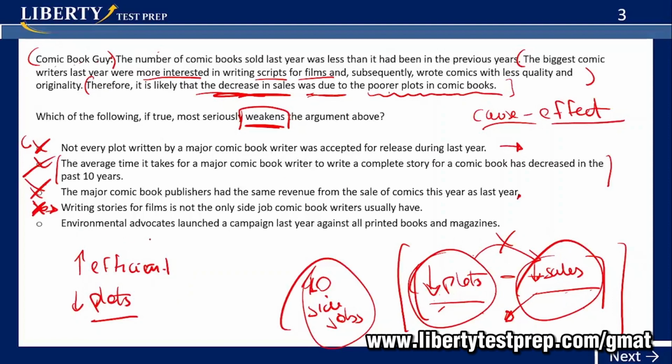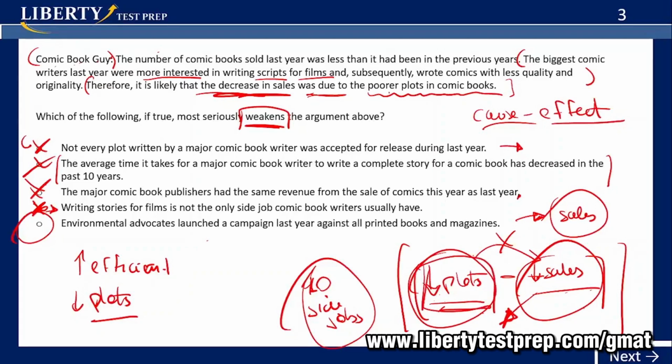Letter E, environmental advocates launched a campaign last year against all printed books and magazines. That's directly affecting the sales. So that's our answer. Why? Because it's telling me there's a different cause, an alternate cause for the decrease in sales. Maybe it is not caused by the decrease in the quality of the plot.